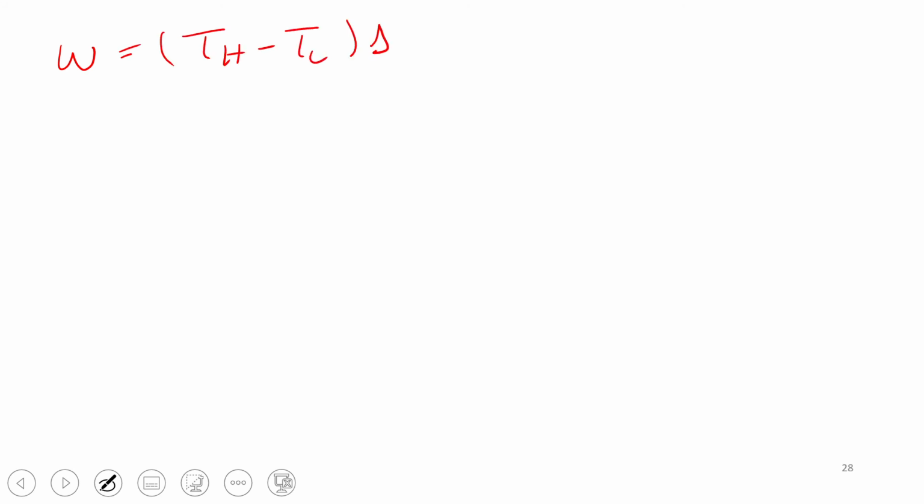Let's go to the next page. Therefore your work is going to be TH minus TL times delta S, and Q in happens from 2 to 3. That's your combustor phase for the Brayton cycle.